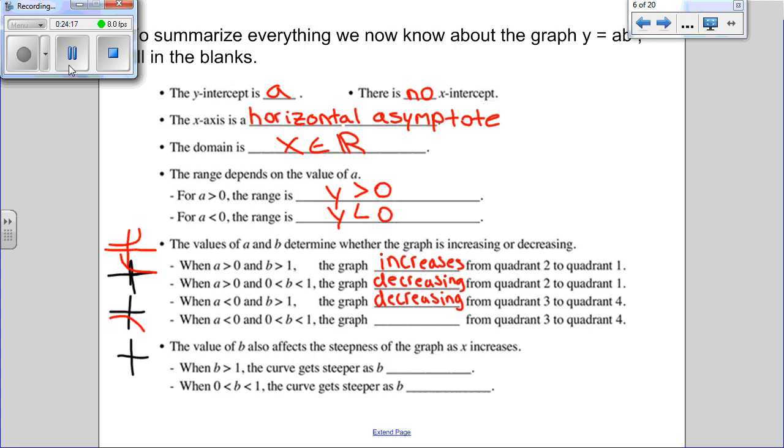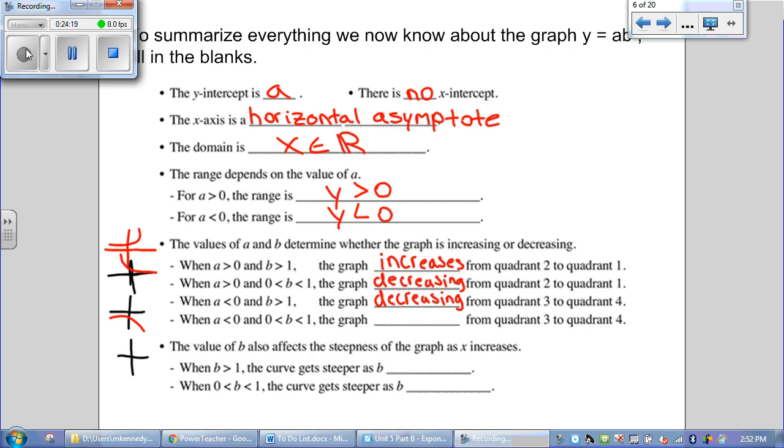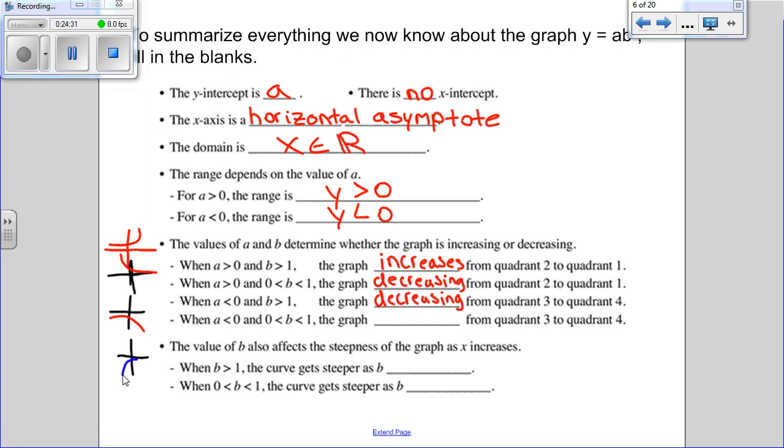If A is less than 1, but B is a decimal, your graph looks like this. So it's technically increasing as you go from 3 to 4. It's getting really, really close to 0. It'll increase until infinite, all the way up to 0.